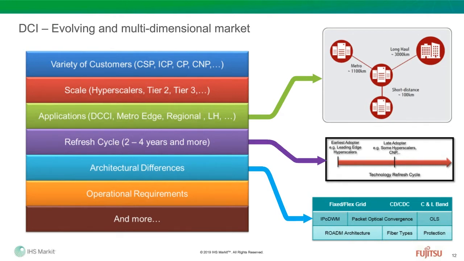Some, mostly hyperscalers, are early adopters of technology, ready to pay the premium for the latest and the greatest technology, while others wait it out till the technology is more mature, stable, and cheaper.